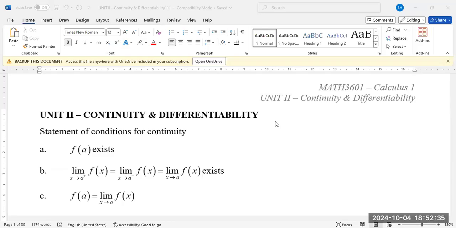What is the opposite of continuous? Discontinuous. Very good, Ashantia. So the opposite of continuous is discontinuous. If it's not continuous, it is discontinuous. If it is not discontinuous, it is continuous.